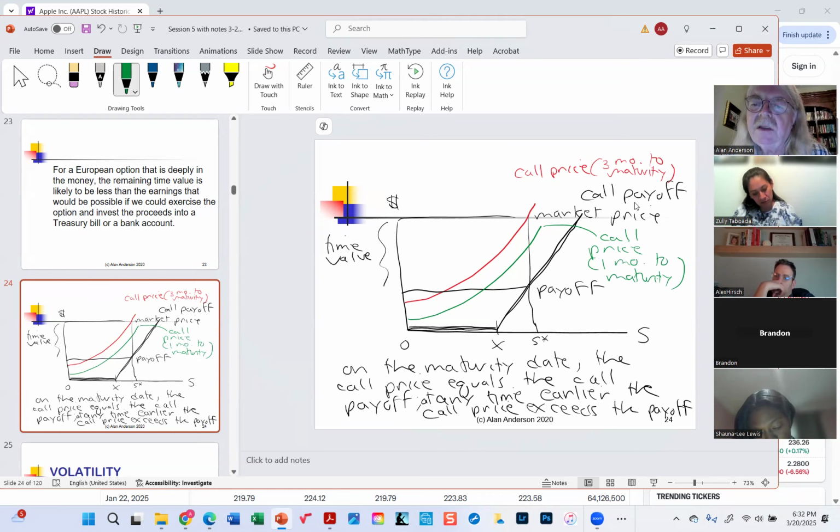So now, as far as the time value, you can see what this is telling me is that as time elapses, the value of the option is actually shrinking, or specifically the time value is shrinking.